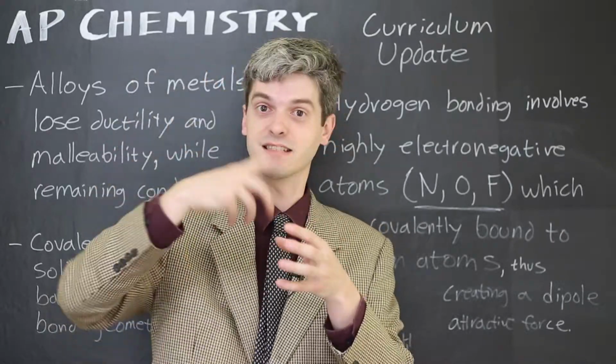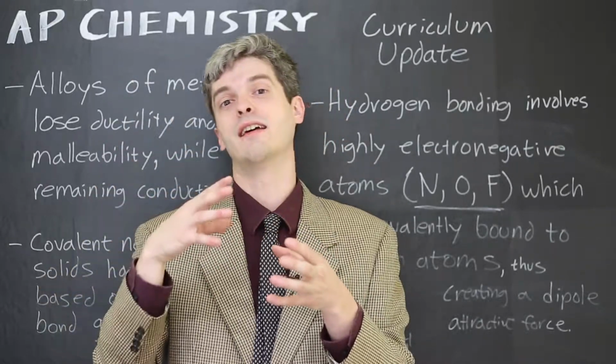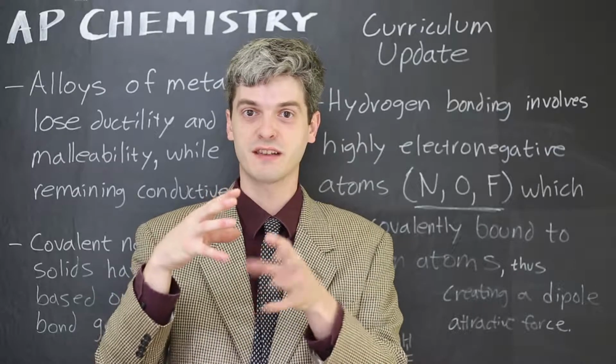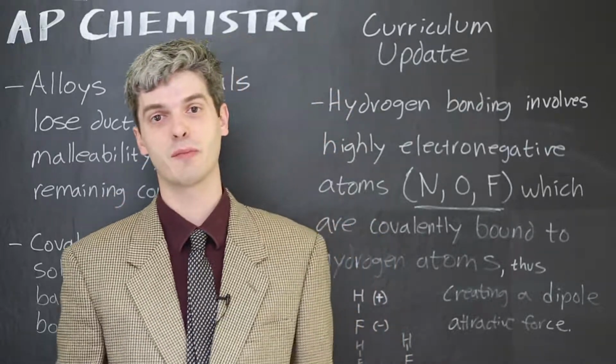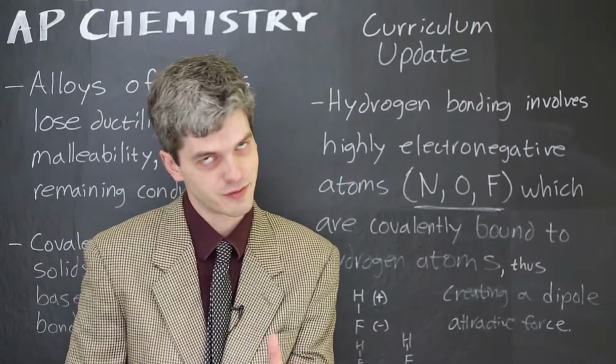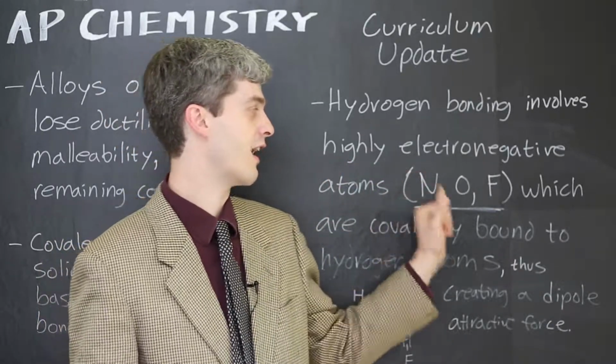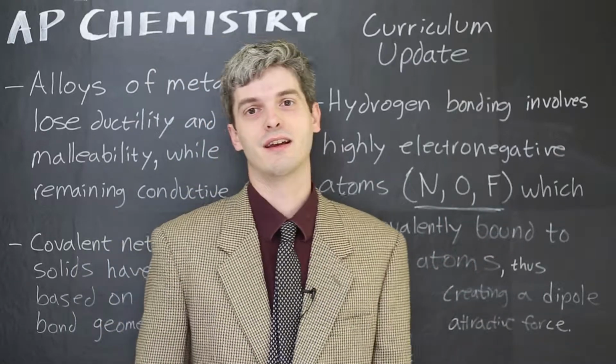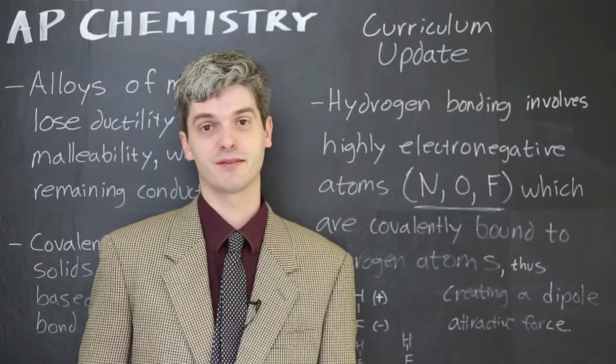The electron tends to spend more time with the electronegative one, tends to have more of a negative charge over on this side, and the hydrogen atom tends to have a more positive charge. So the three that they want you to remember are nitrogen, oxygen, and fluorine, specifically as the most electronegative.